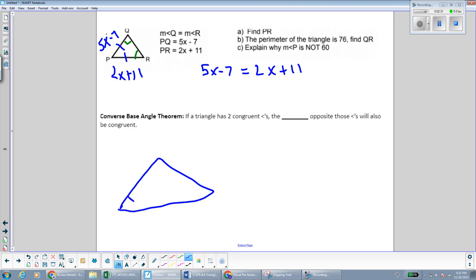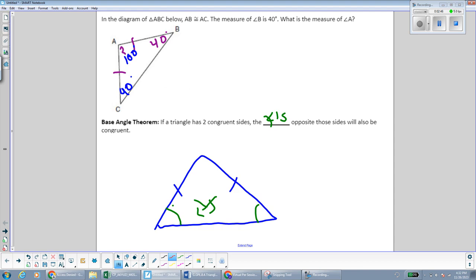If we have a triangle that has two equal angles, the sides opposite from those equal angles will have congruent or equal measures. It's called the converse of the base angle theorem because it's the base angle theorem in reverse. The base angle theorem was starting off with information about the sides, and we were drawing a conclusion about the angles.